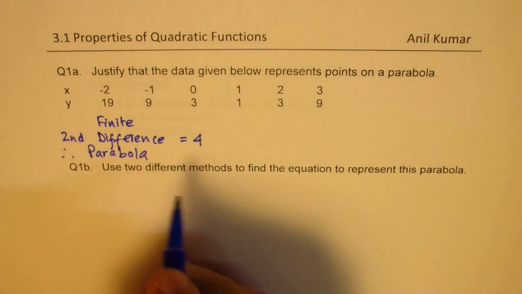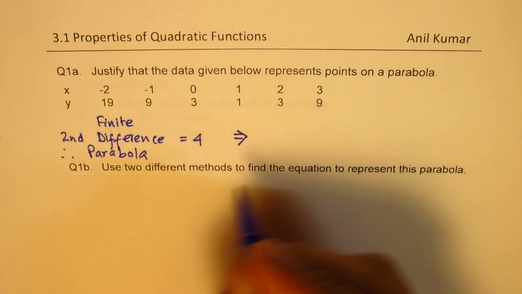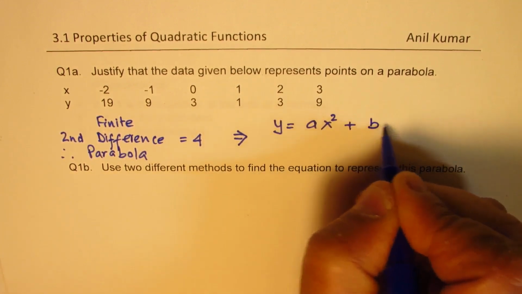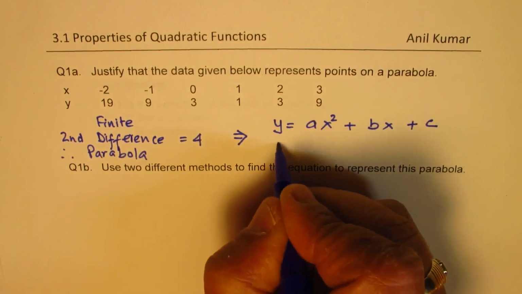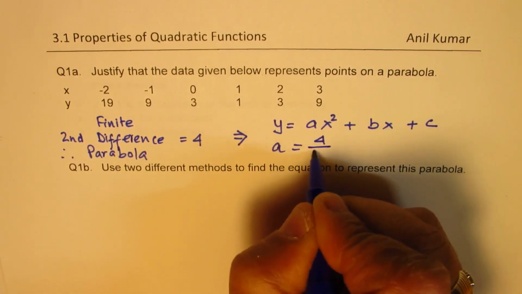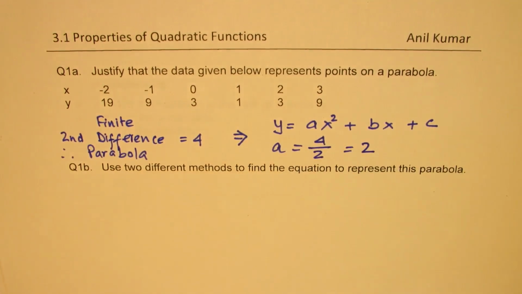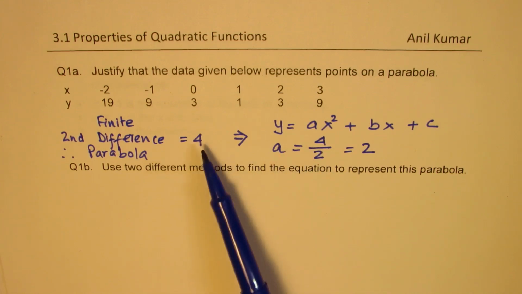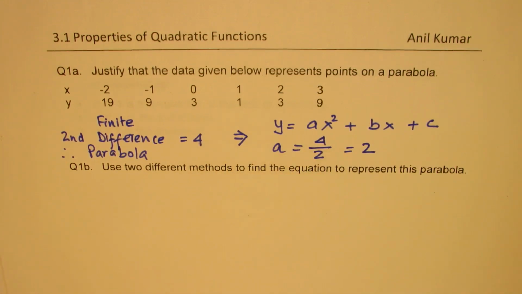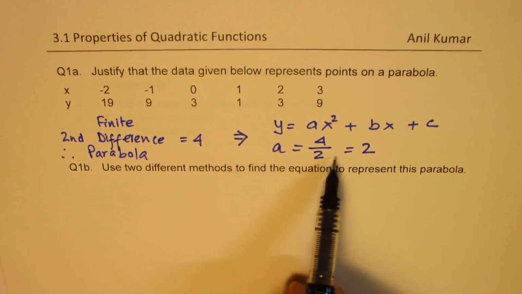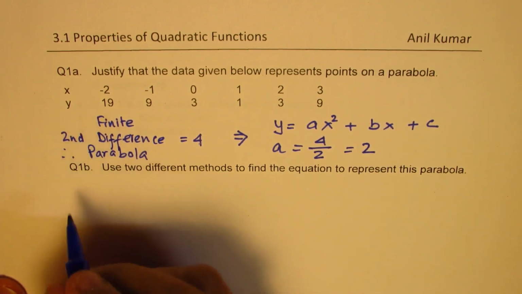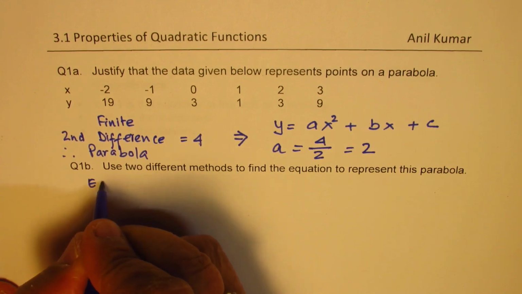And that also gives you, as we just learned, that if I have an equation y equals ax squared plus bx plus c, then a will be 4 divided by 2, which is 2. As shown earlier, this is a very standard way: a is the finite difference divided by 2 for a parabola. That will help us save some steps when we are writing our equation in standard form. So in this exercise, we are going to write the equation in standard form.